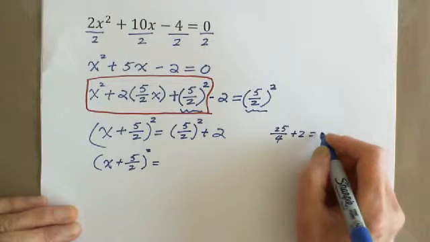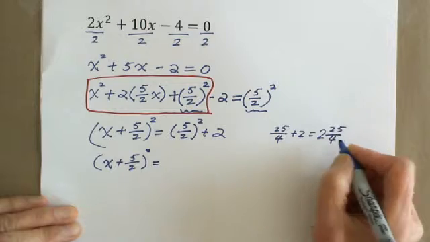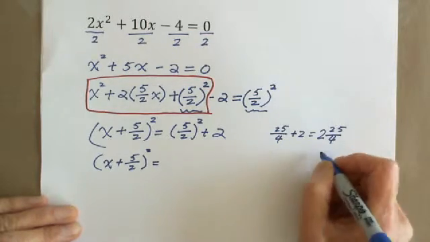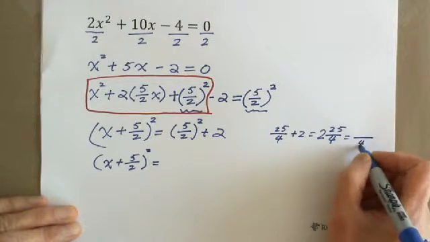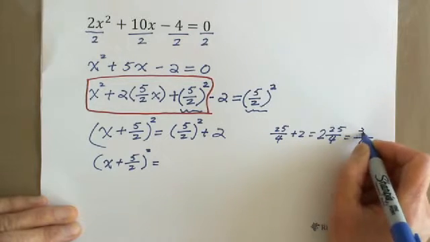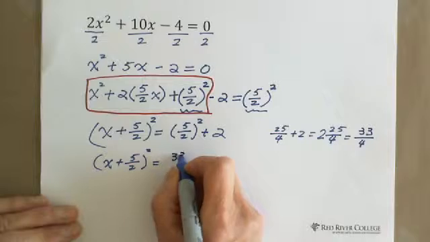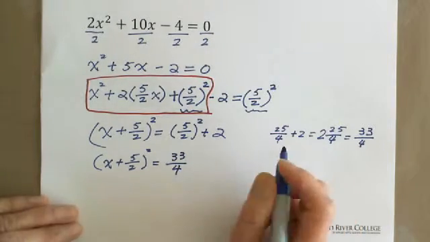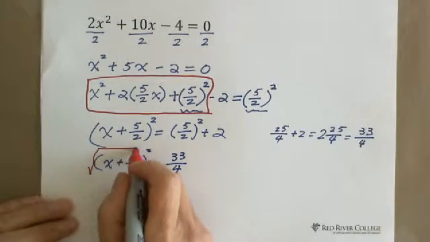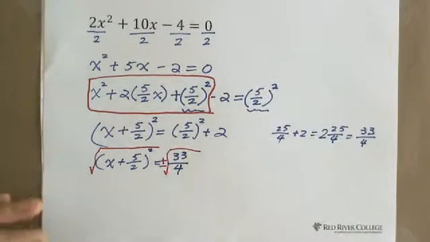We make an improper fraction: 2 times 4 is 8, 8 plus 25 is 33, so it equals 33 over 4. And we take the square root of both sides, adding plus or minus in front.